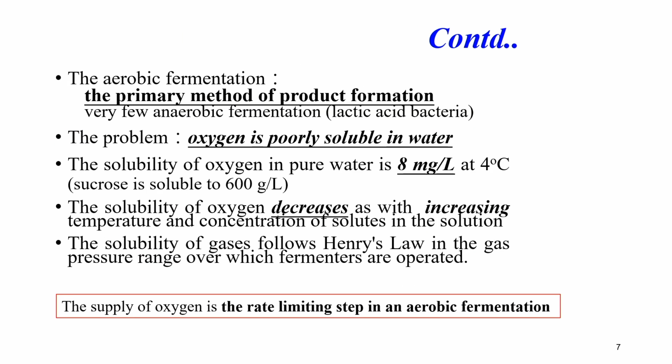Aerobic fermentation is the primary method for production of most of the metabolites, and the challenge here is the poor solubility of oxygen. Typically, the solubility of oxygen in pure water is 8 milligram per liter, while at the same time the solubility of sucrose is 600 gram per liter.